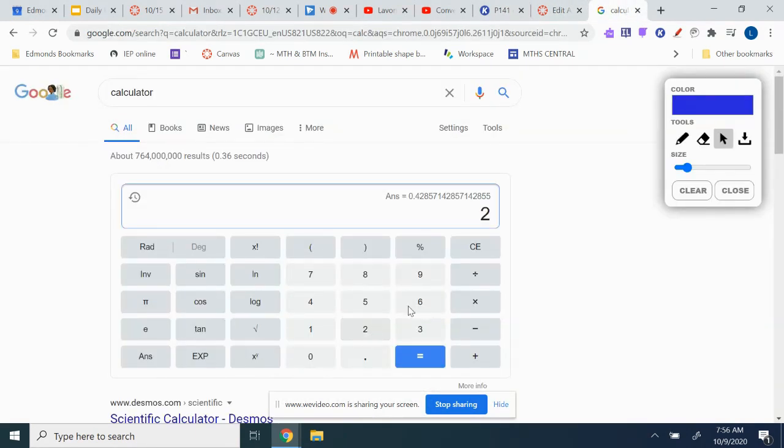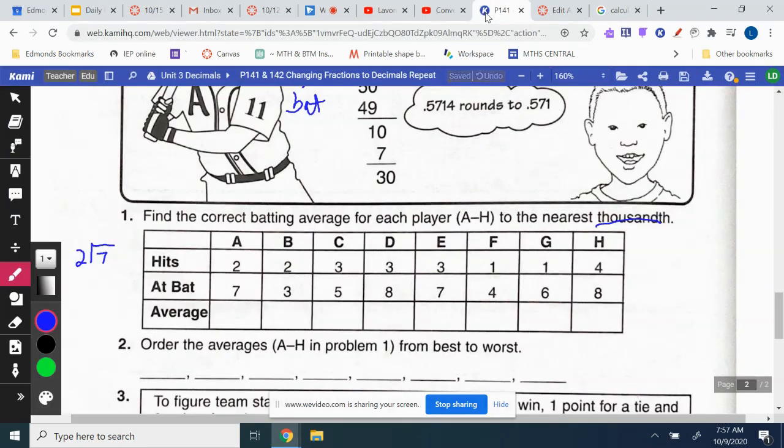So 2 divided by 7 equals, and it gives me a crazy number, and they only want me to go to the thousandths place. So if I go to the thousandths place, that's here, but I have to round. So this one tells me to round up. So that would make this really a 6. So my answer is 0.286.